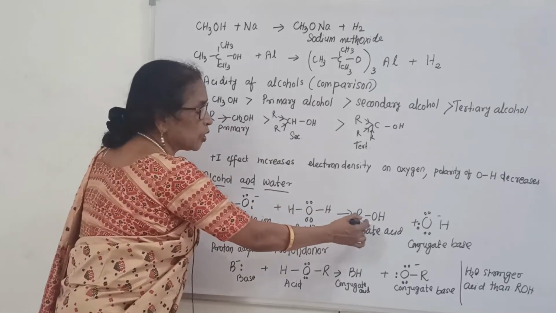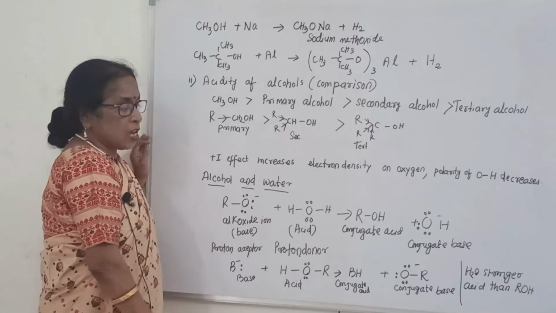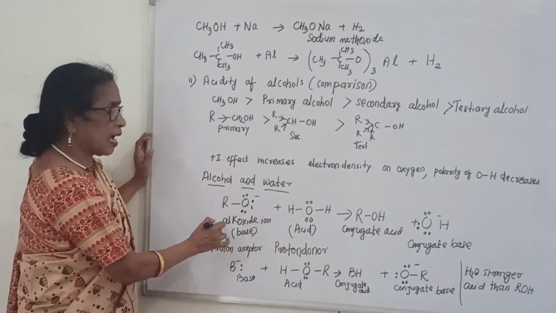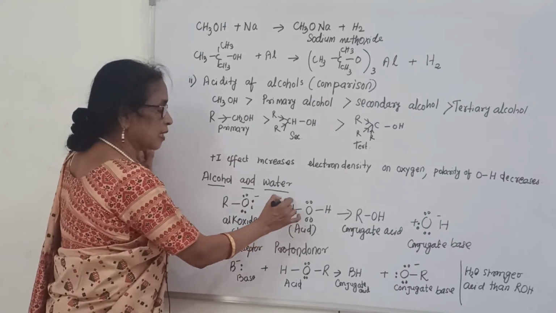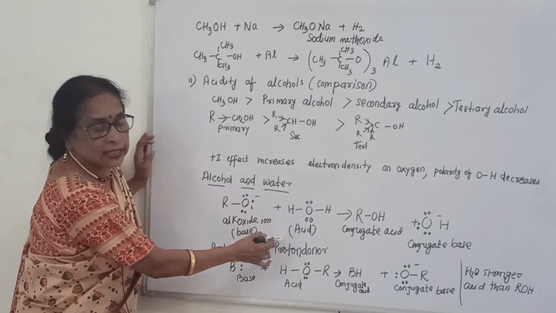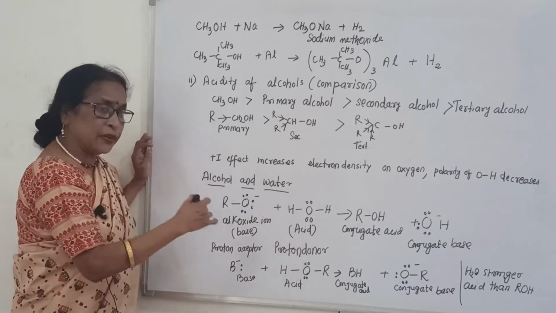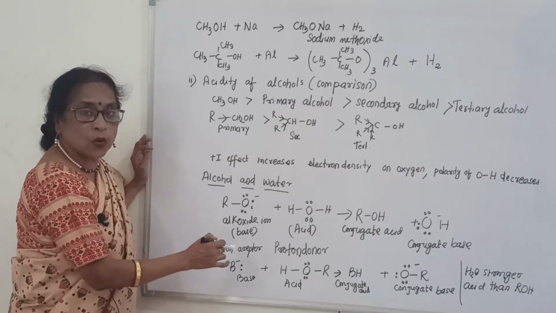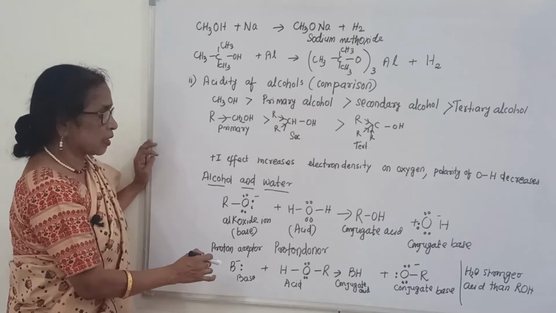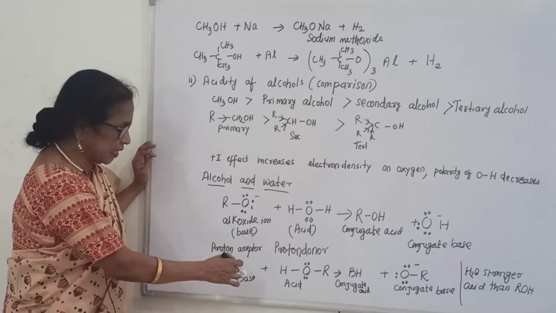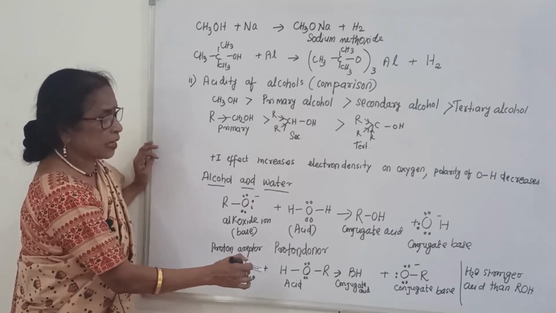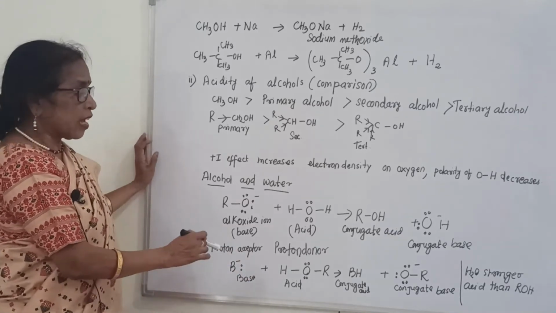It forms a conjugate acid and a conjugate base. Conjugate acid of what? This alkoxide ion. Conjugate base of what? This water. Similarly, when you take a base having a lone pair of electrons with a negative sign, and alcohol acts as the acid, it forms the conjugate acid BH and the conjugate base RO minus.